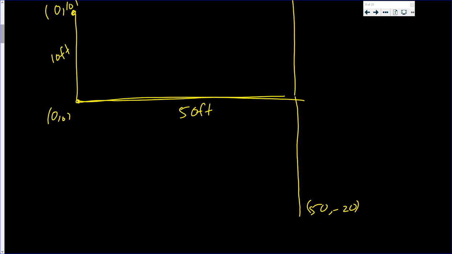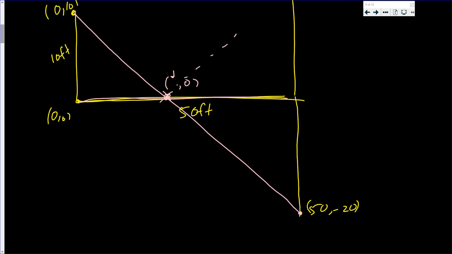So if I can find the equation of this line and then plug in y equals 0, I can find the x value. That's what I want to know. Along here, where do I put the wire to the ground before it comes up here?